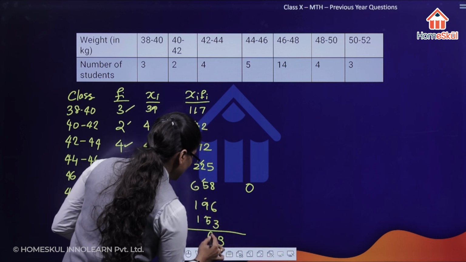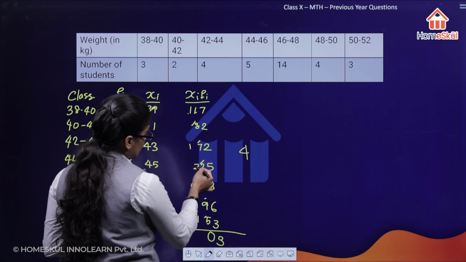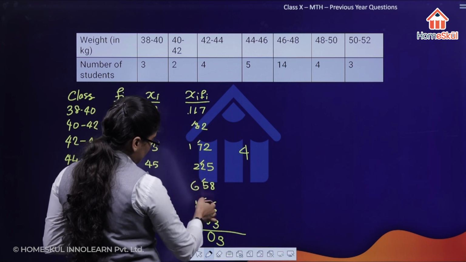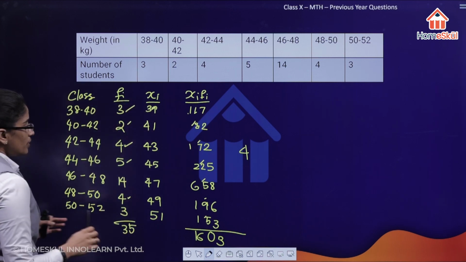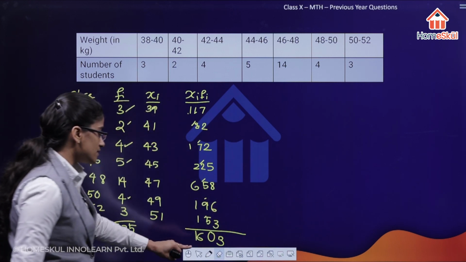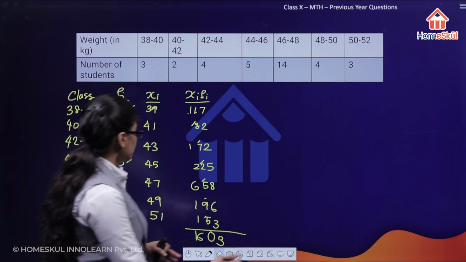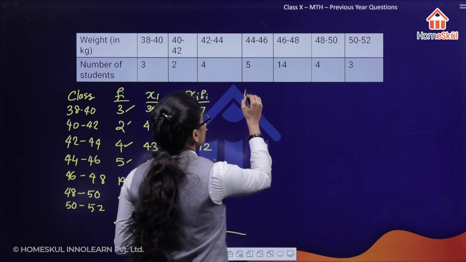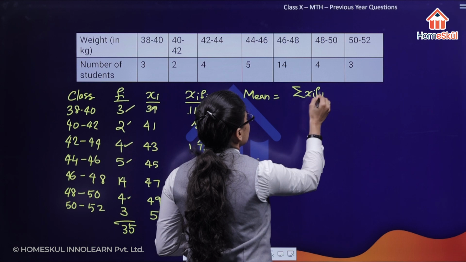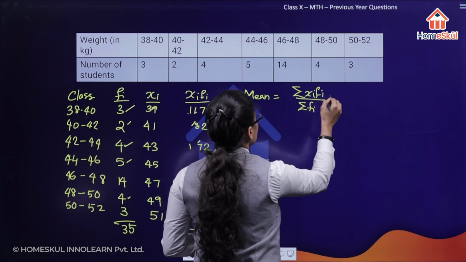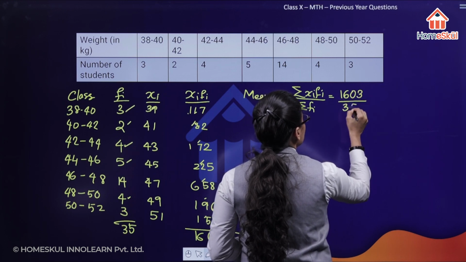So for 40, 4 carry over, 4 plus 1 is 5, 5 plus 1 is 6, 6 plus 2 is 8, 8 plus 2 is 10, 10 plus 6 is 16, so 1603, okay? So we have summation xi fi as 1603 and summation fi is equal to 35. That means mean is equal to summation xi fi by summation fi, which is equal to 1603 divided by 35.